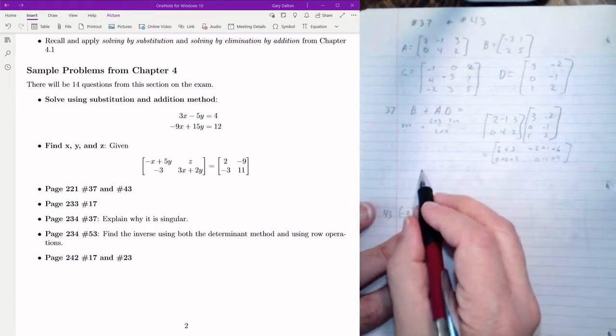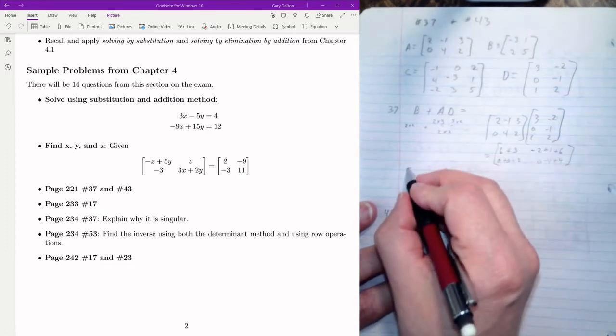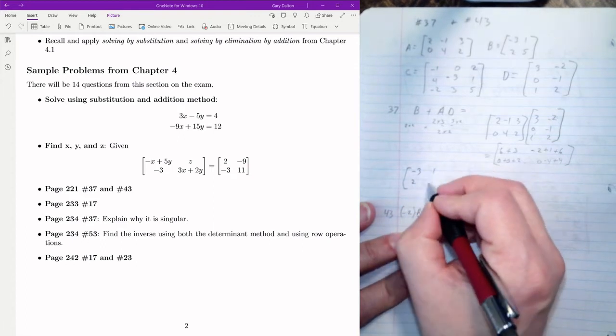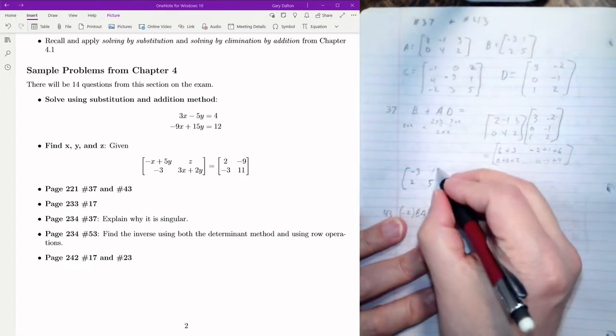So that will equal... I'm going to write down B over here, and so I can just bring this down, okay? So we have minus 3, 2, 1, and 5. I'm changing my glasses so I can see a little bit better. There we go.